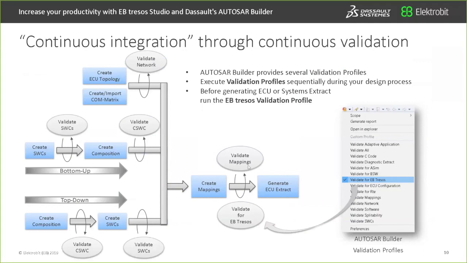So at the end, I want to emphasize this again: before you export your ECU extract or your system description, run the EB tresos Studio validation profile to make sure that everything that is actually needed by EB tresos Studio is there.